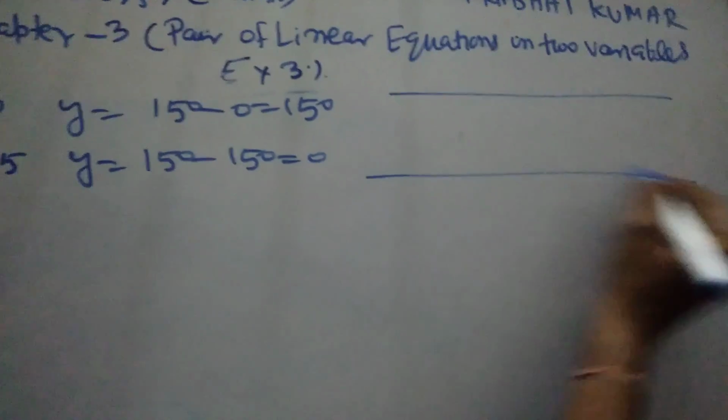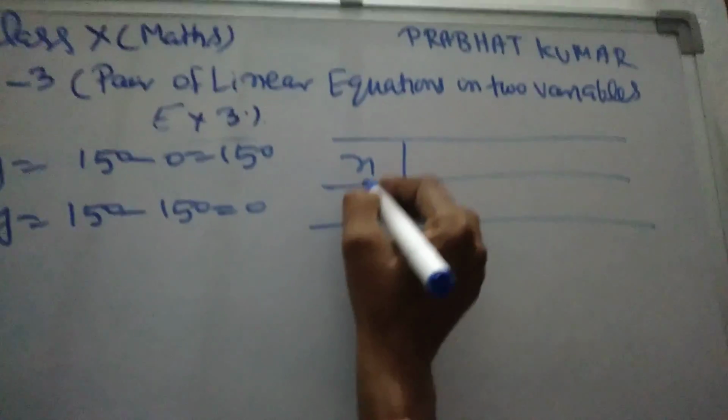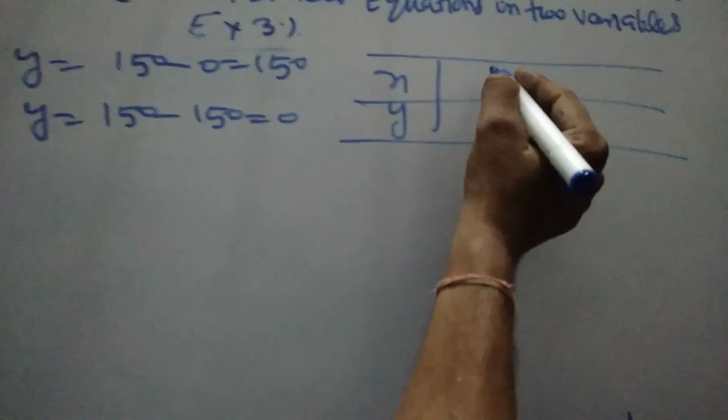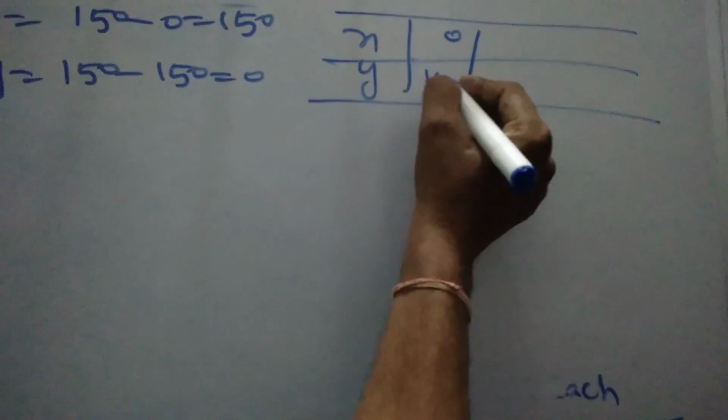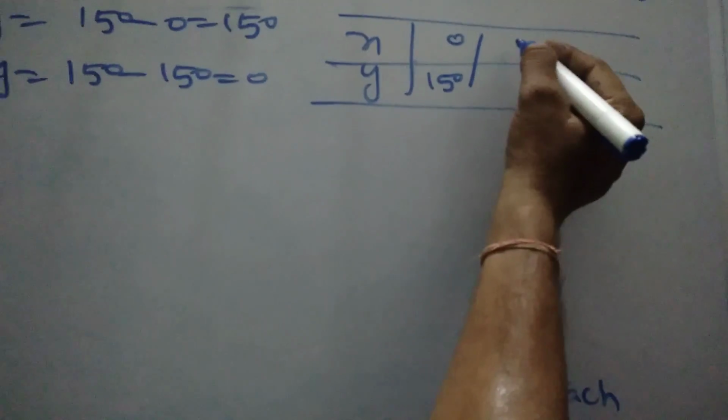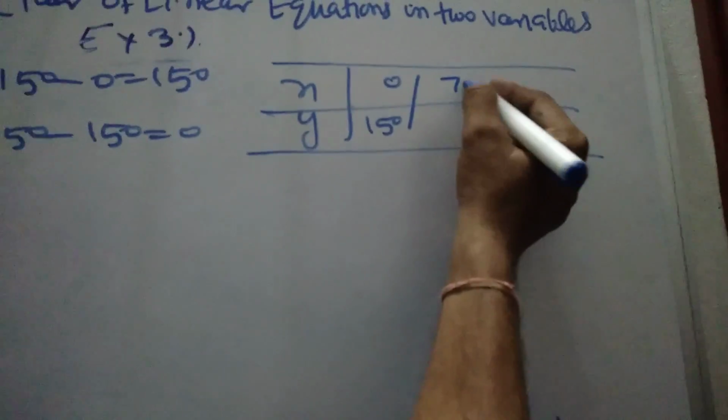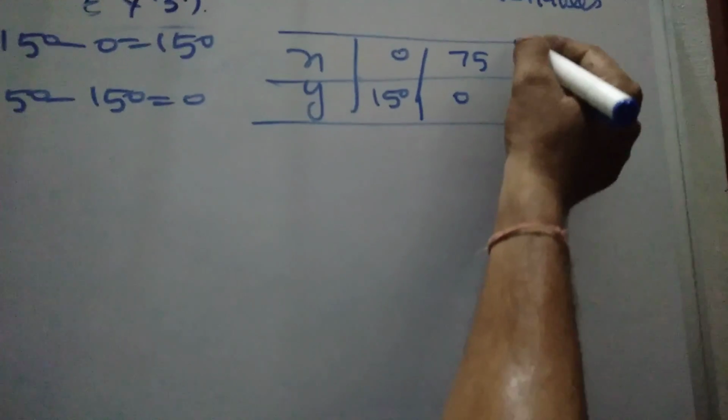So when x equal to 0, y is equal to 150, and x equal to 75, then y equal to 0.